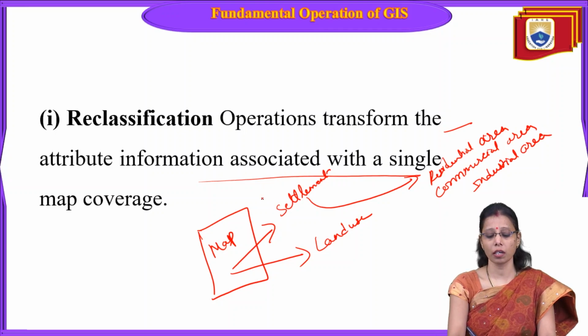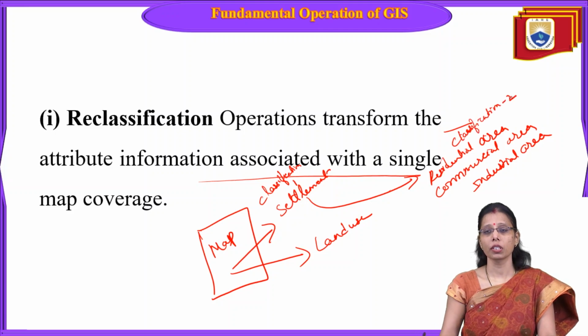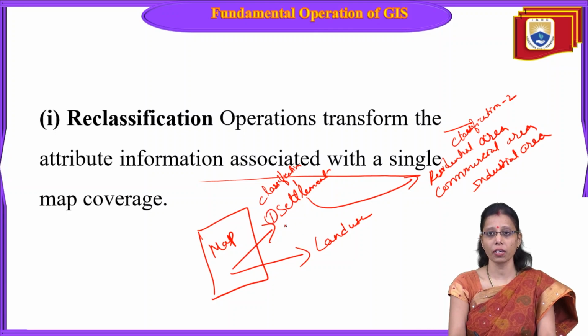So this is classification 1, and under this we have classification 2. This is how we reclassify. First we classify into settlement, which is the first level, and under this we have the second level, classified as residential area, commercial area and industrial area. Further, if you want to classify land use, land use is the first classification.